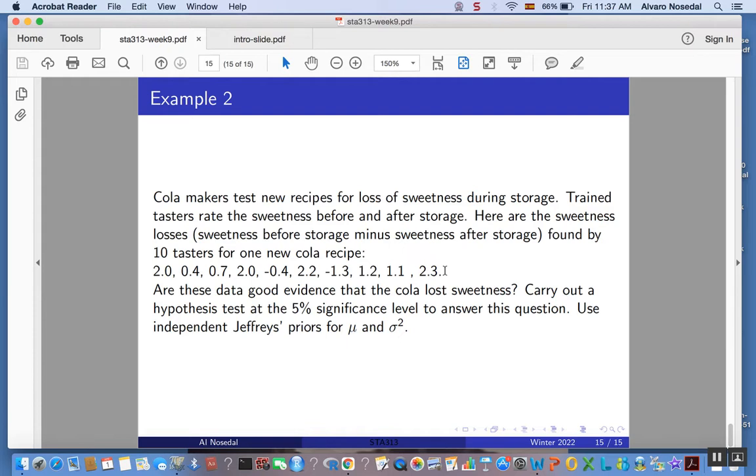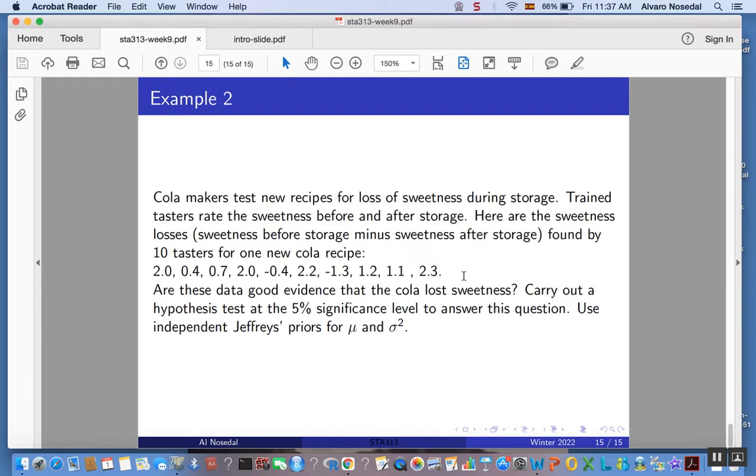So what we want to do is use that data set to see if they provide evidence that the soft drink lost sweetness. So we're going to be analyzing the average sweetness loss.